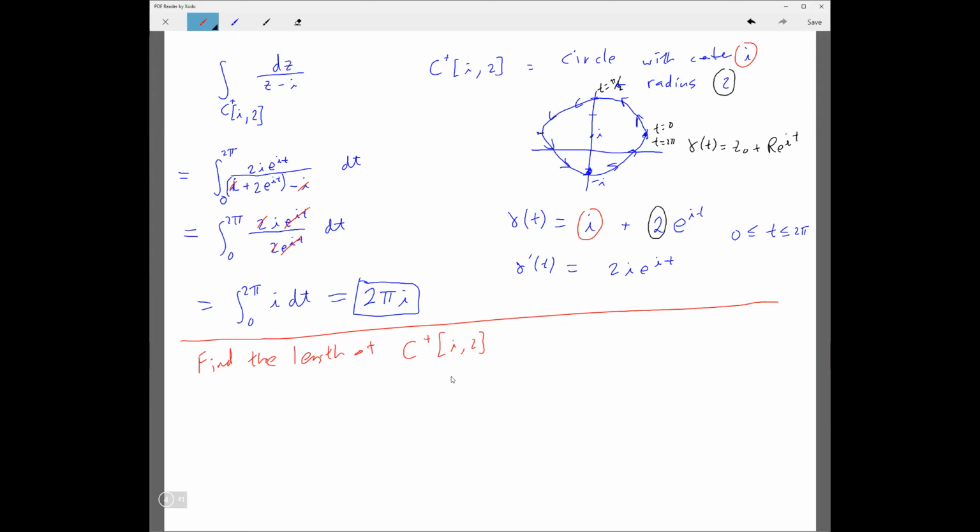Now, what do you think the length is, by the way? It's a circle, the radius is 2. You know it's going to be 2 pi r, the circumference of a circle. So it should be 4 pi.